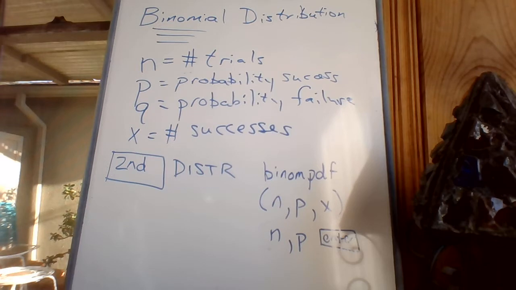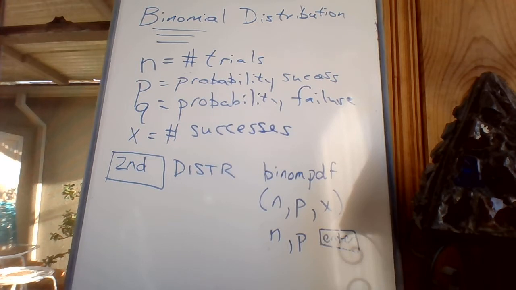If you had a 60% chance of getting it right, you have a 40% chance of failing, and so on. They always match up. Together, the P and the Q add up to 100%. So if P is 0.28, then Q would be 0.72, because 0.28 plus 0.72 equals 1. Okay, so that's what Q is.